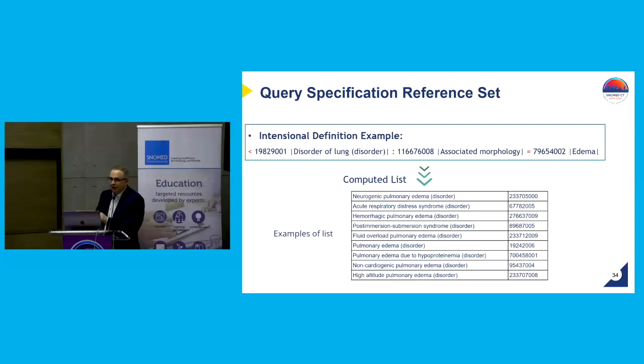So rather than picking each individual one, in this case, we say, give us all disorders of a lung that has an associated morphology of edema. And it just runs away and finds all those concepts with that. So you can say, give me a particular concept and all its children, or give me some condition I want to define, and then populate your reference set using that query language.